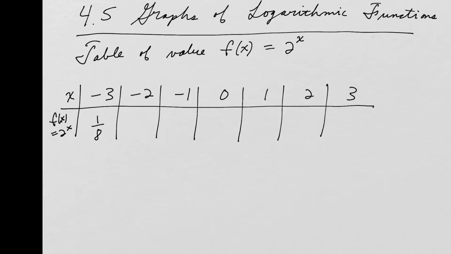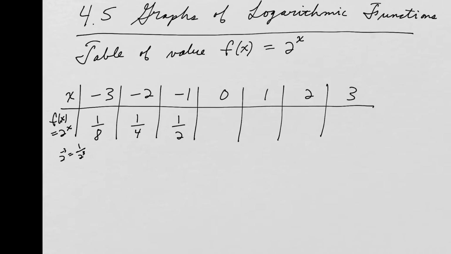If I plug in -2, then I have 2 to the -2. Do you guys see where this came from? So this is 2 to -3, which is 1 over 2 to the third, but that's just 1/8. So if I do 2 to -2, this is going to be 1/4. 2 to the -1 is 1/2.